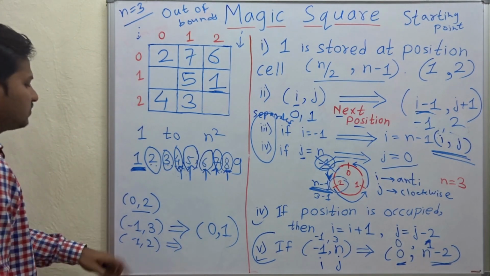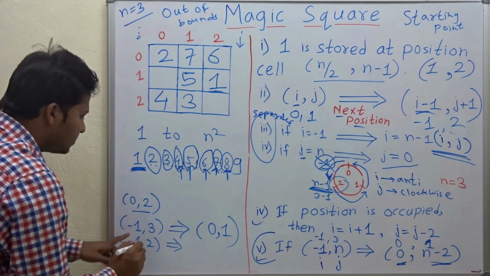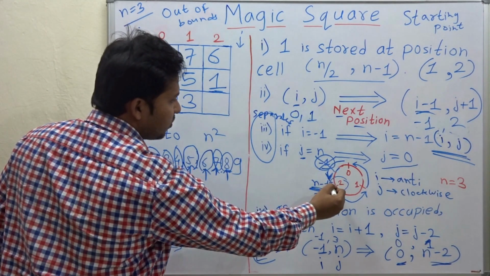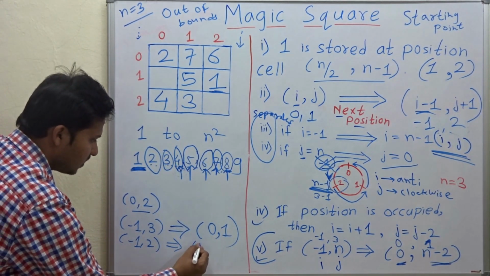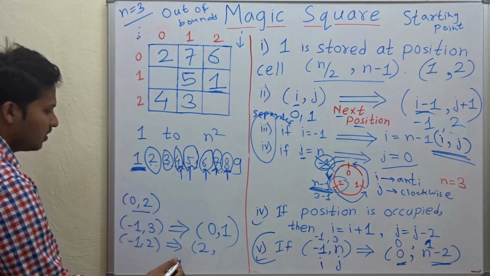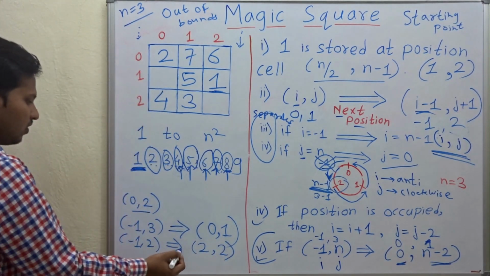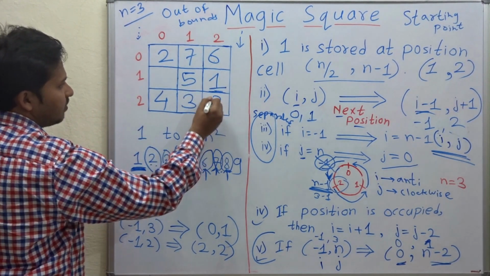Okay, so minus 1 comma 2 means, just remember the circle now. For minus 1, as it is in anti-clockwise direction, i will become 2, and for 2, as it is valid, it will remain 2. Okay, so 2 comma 2, and 8 will be kept there.